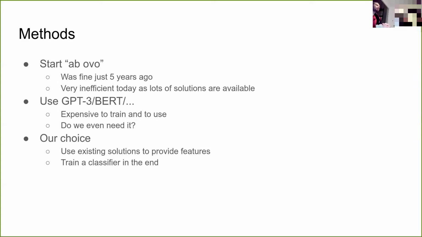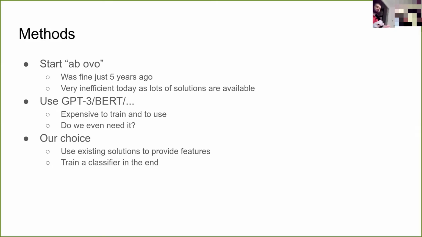And also, the question we always need to ask ourselves is, do we really need it? Like, GPT-3 is a model that can understand the text to the extent that it can actually reply to it. So if you just try to understand if it's finite or infinite form, it probably is too much, right?